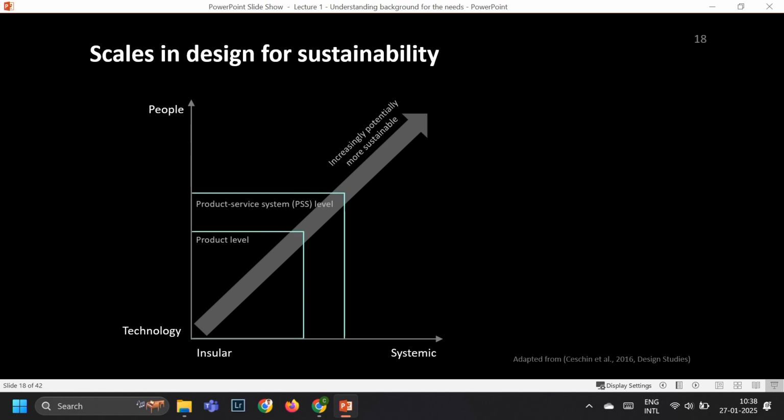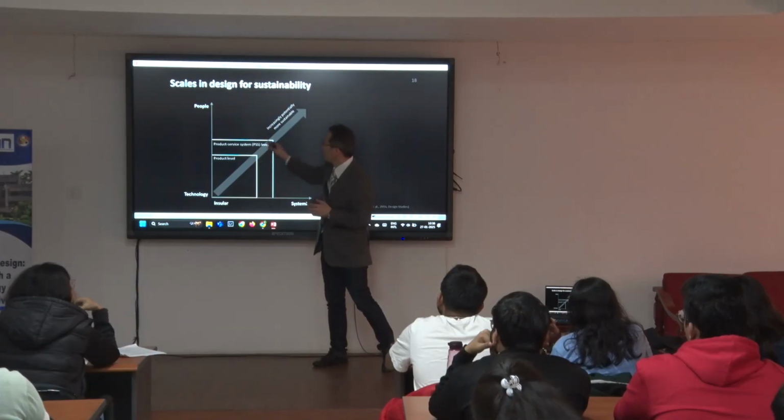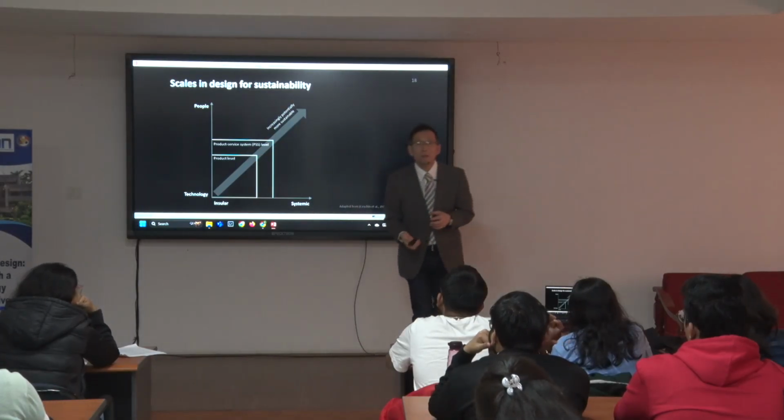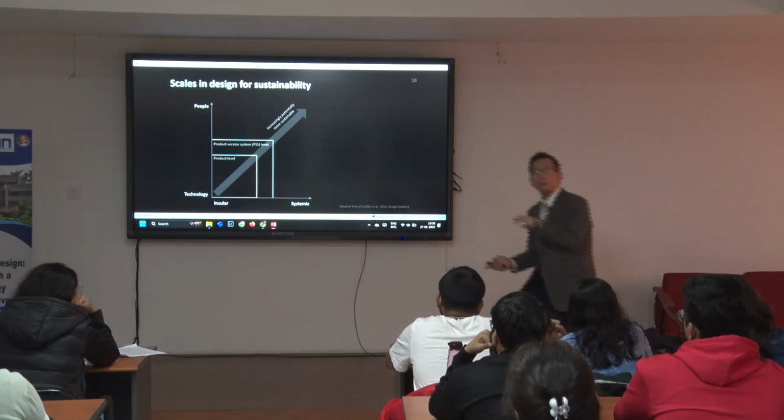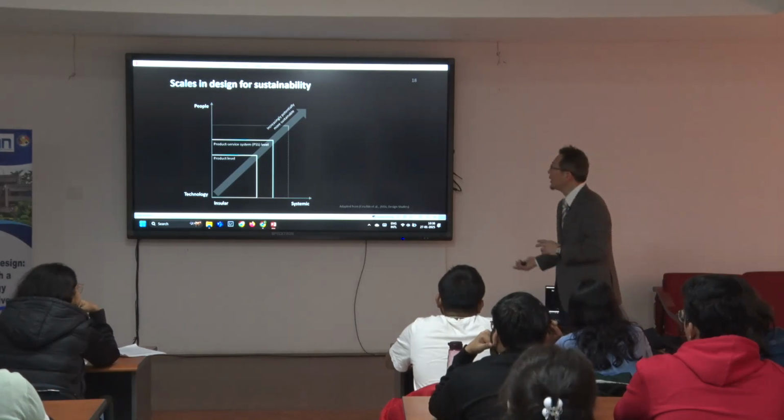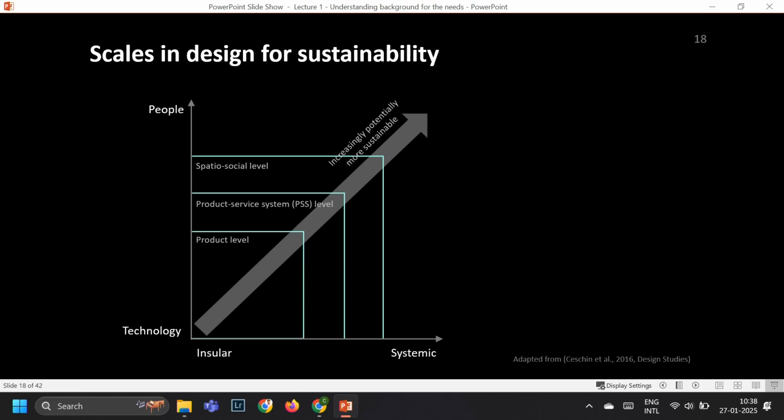Many years ago, the Design for Sustainability research area started at the product level, and then that evolved over the years up to the PSS level. That was the history, and then the trend could be moving into the spatial and social level, and even to a higher level, which is the socio-technical system level.